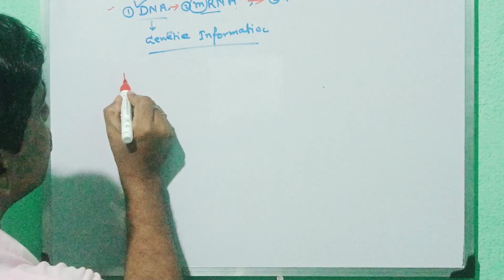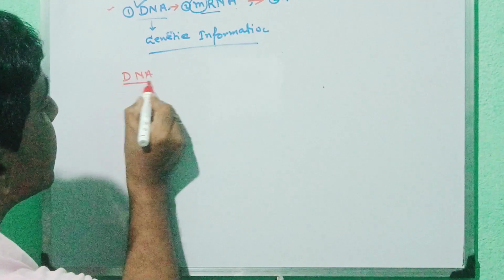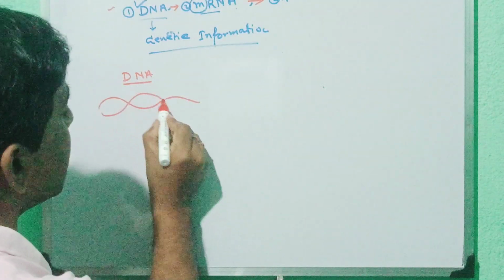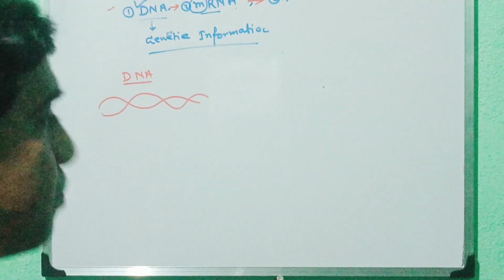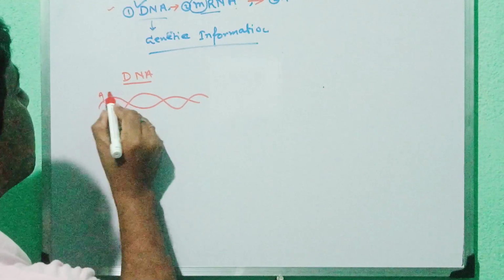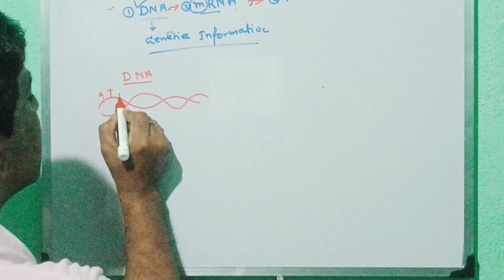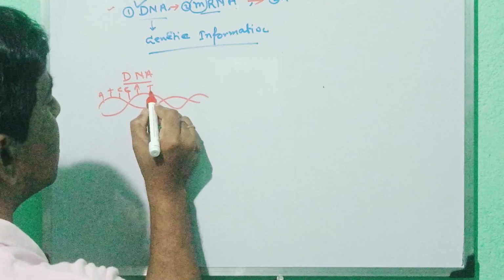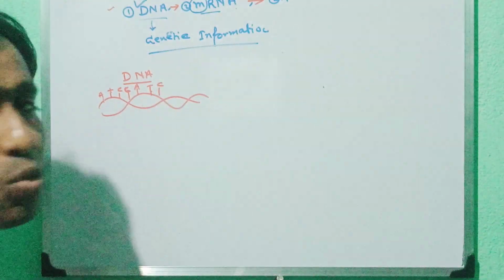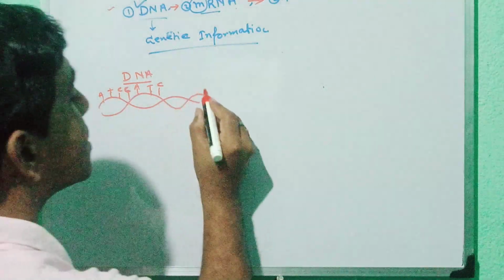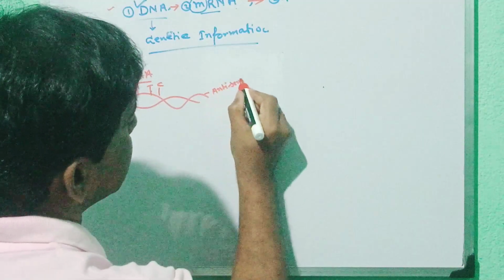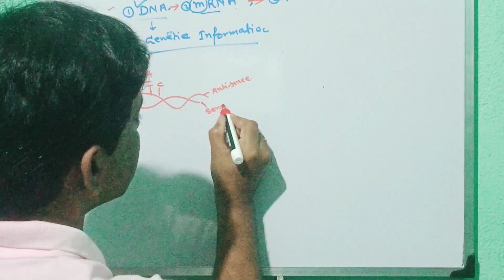As we know, DNA has the genetic information, and this DNA is double stranded. Okay, there is A, T, C, G, A, T, different types of codons. So this is the sense strand and this is the antisense strand.